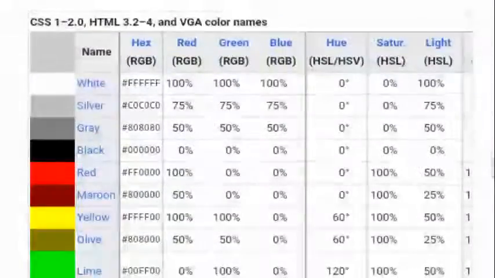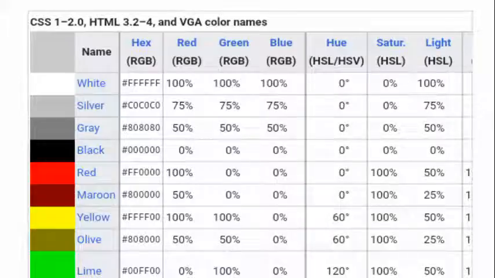Now, I want us to see the picture. That is what I'm really looking at. And here it is. So you see, this is the white color. Now, white color is made up of 100% red and green and blue.